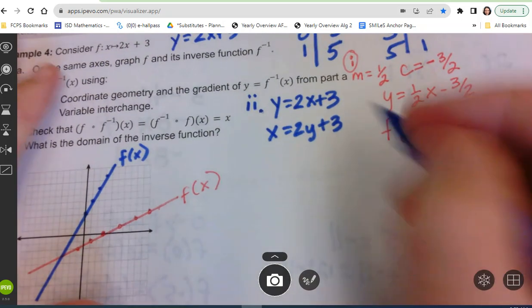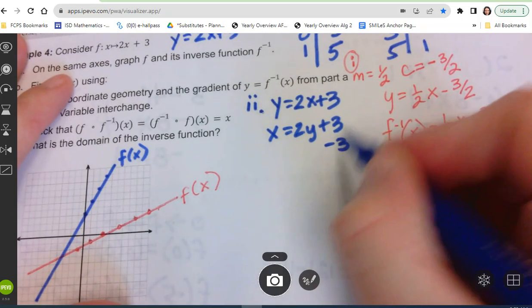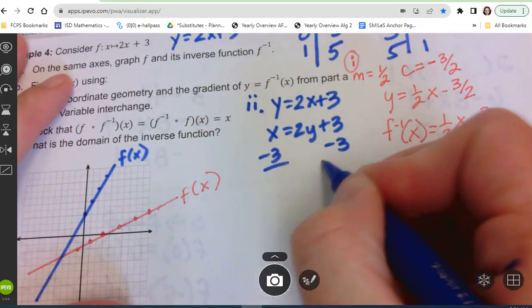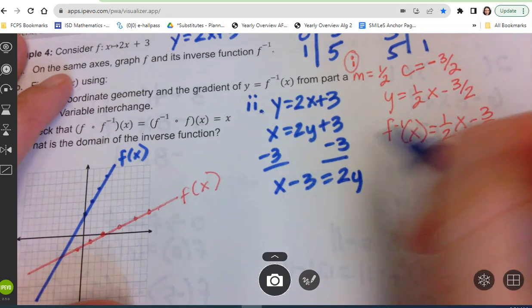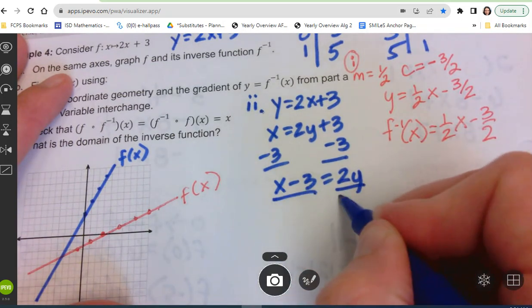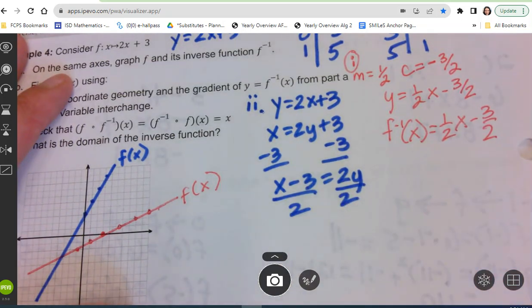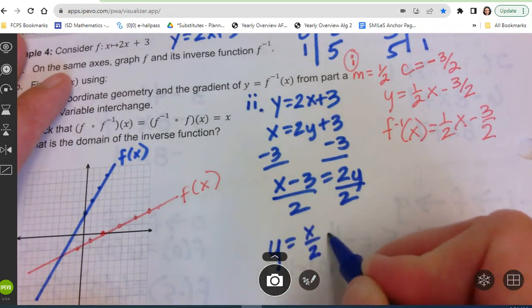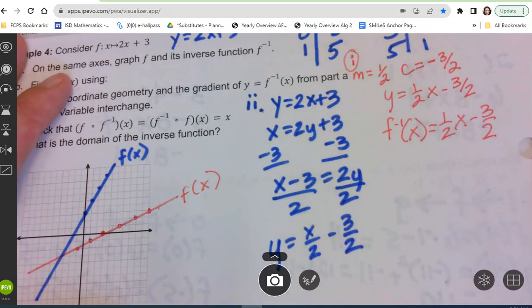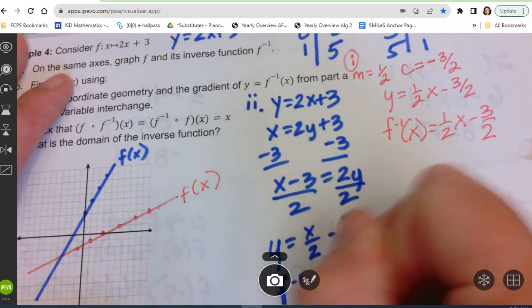Minus 3, then divide by 2. Good. So minus the 3 first. X minus 3 equals 2y. Divide it by 2. And I get y equals x over 2 minus 3 over 2, which is what I got the other way, right? And then write your inverse notation.